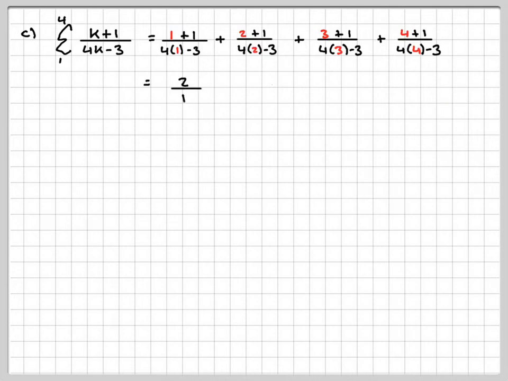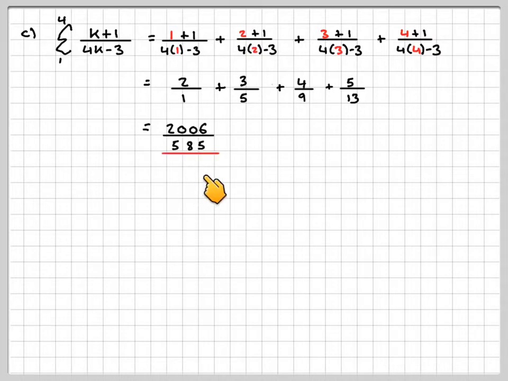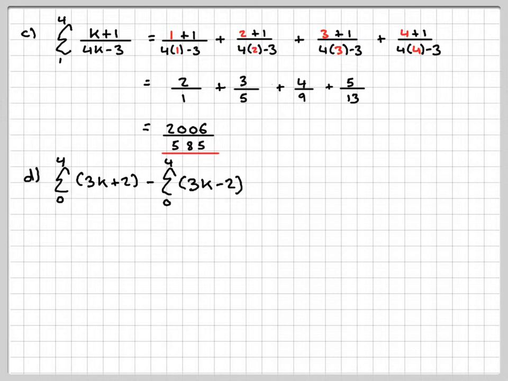So that gives me 2 over 1, plus 3 over 5, plus 4 over 9, plus 5 over 13. And just using the fraction button on my calculator, I got 2006 over 585.